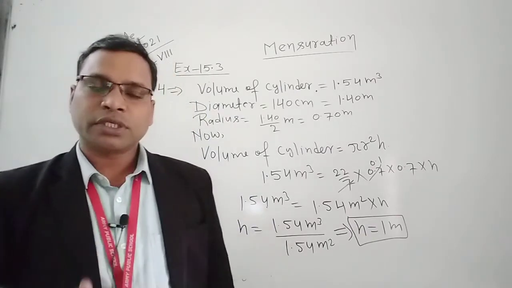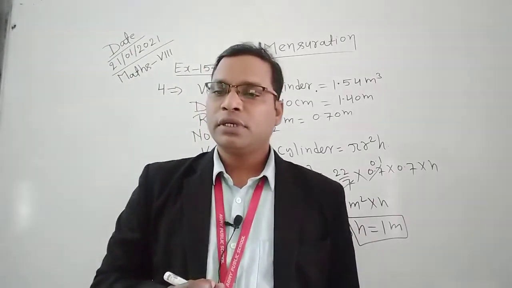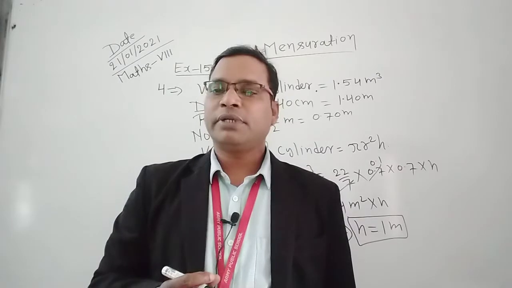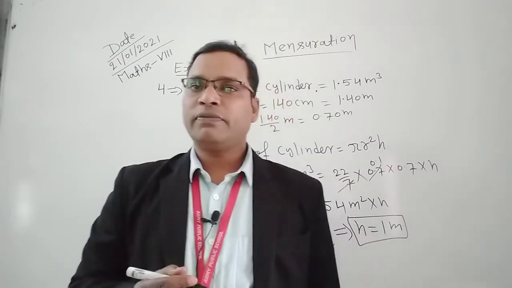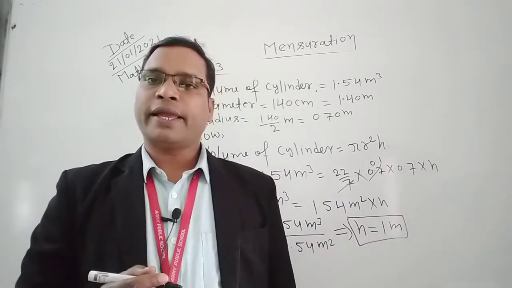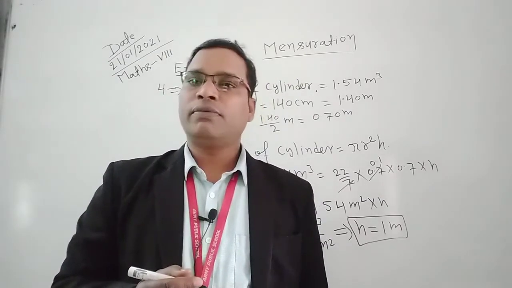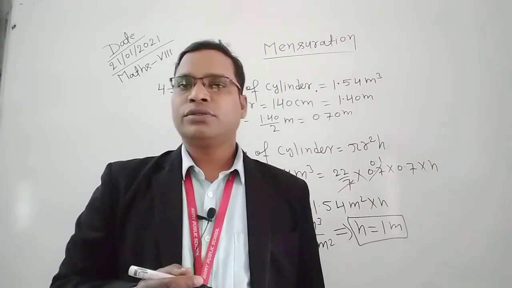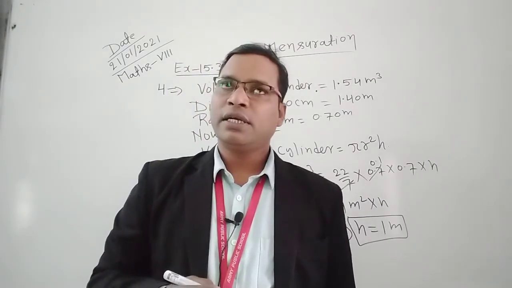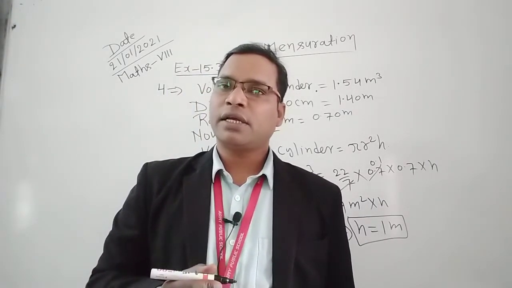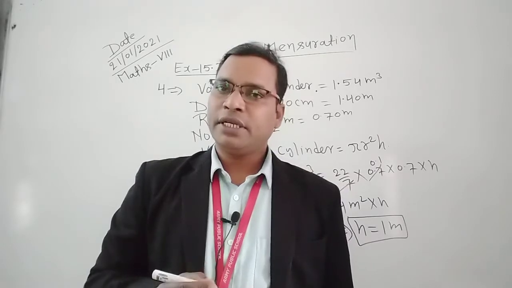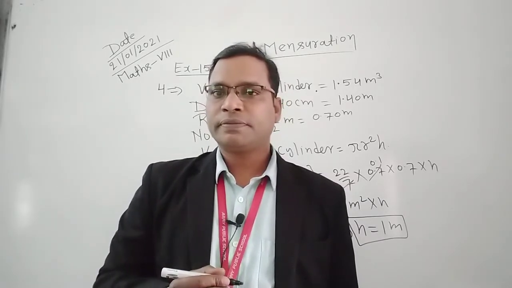I repeat this question again. In this question, find the height of cylinder whose volume is 1.54 meter cube and the diameter of the base is 140 centimeters. So for this, first we find the radius of the cylinder in meter. This is equal to 0.7 meter.